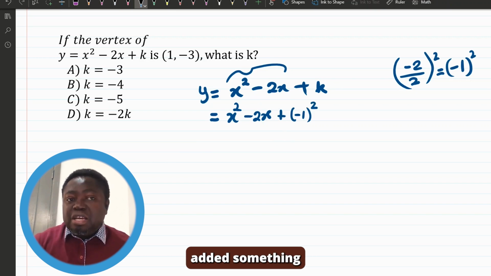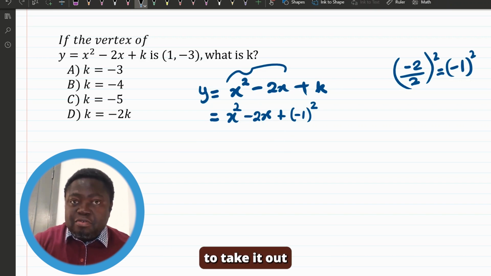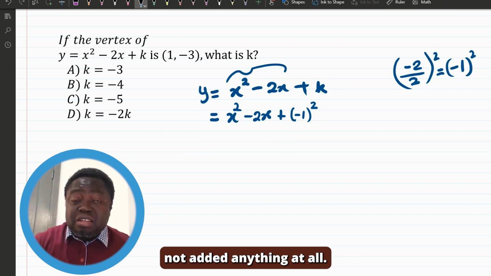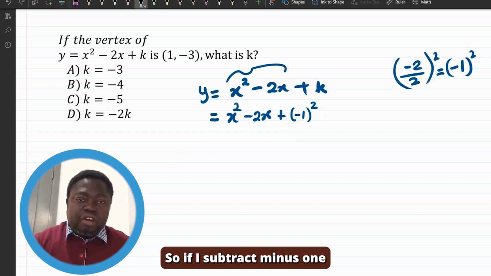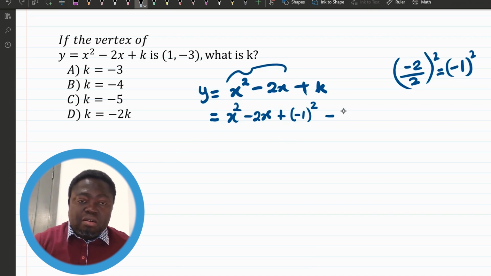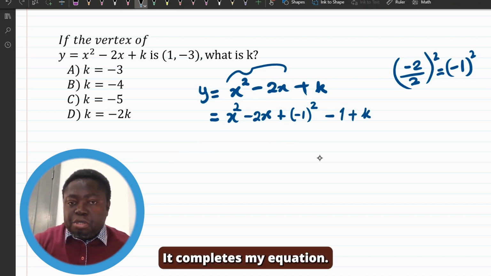Now, because I've added something that wasn't there before, it's prudent to take it out so that it looks like I've not added anything at all. So if I subtract -1 all squared, which is simply 1, I take that out and I add k, it completes my equation.